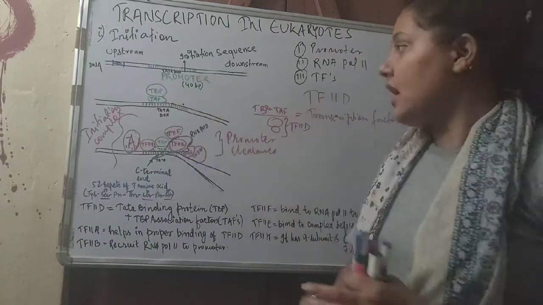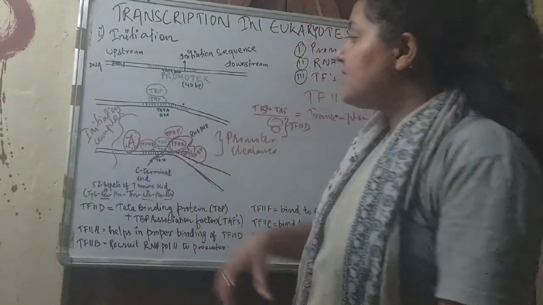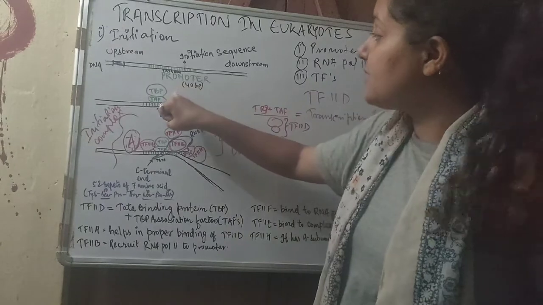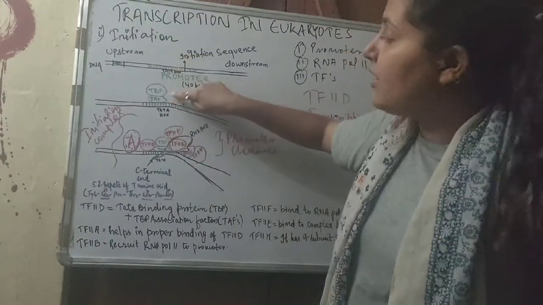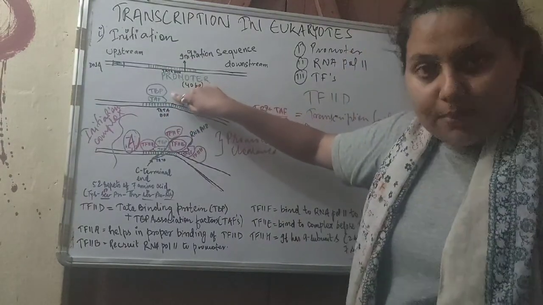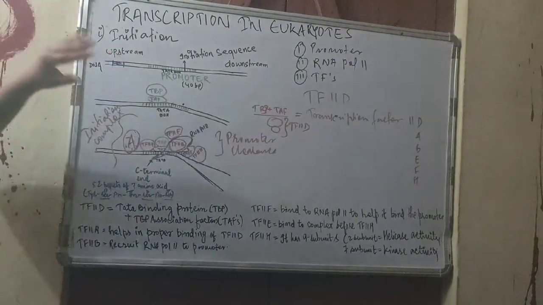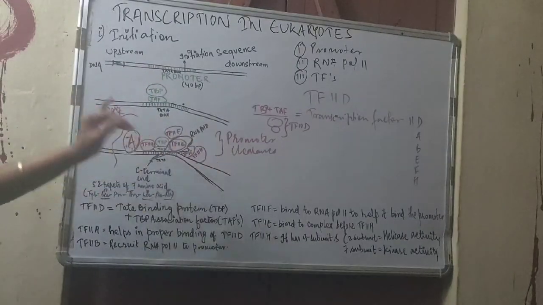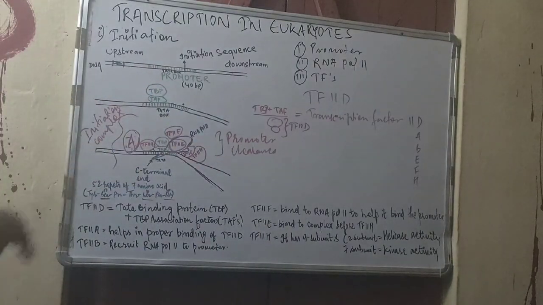TAF helps in the proper binding of TBP to the TATA box region, and then TBP helps in the assembly of the rest of the transcription factors.